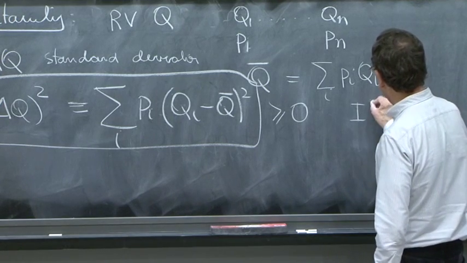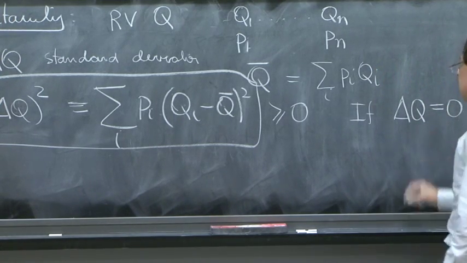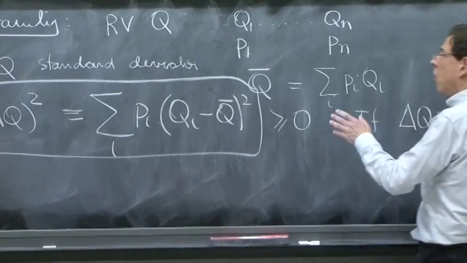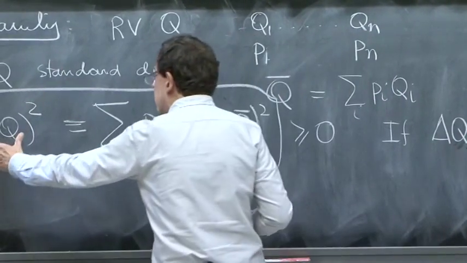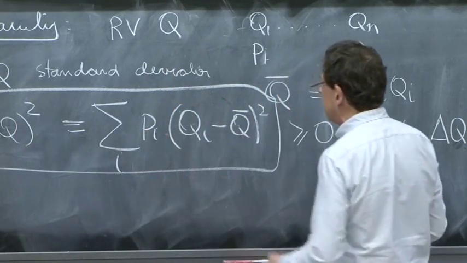If the uncertainty or the standard deviation is 0, the random variable is not that random, because if this whole thing is 0, this delta Q squared must be 0.